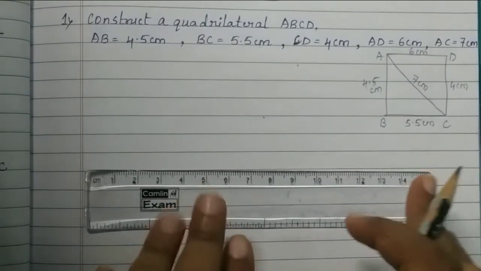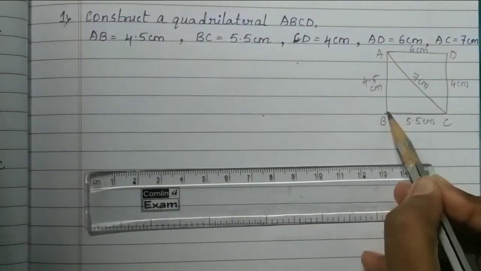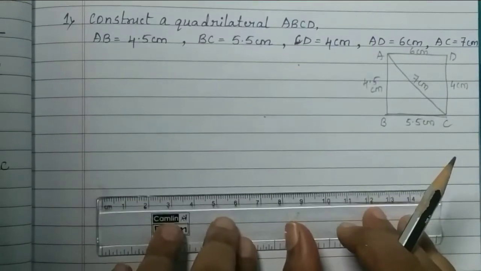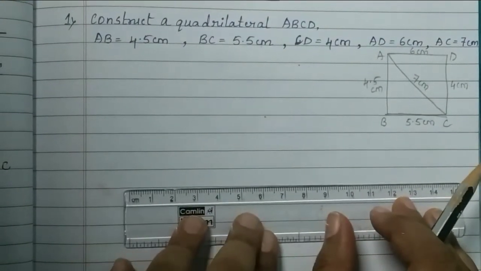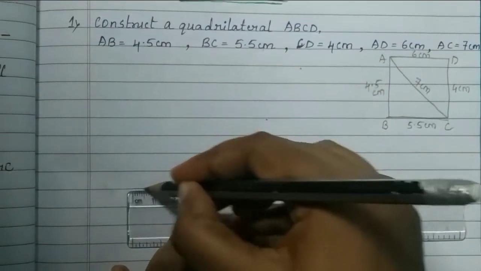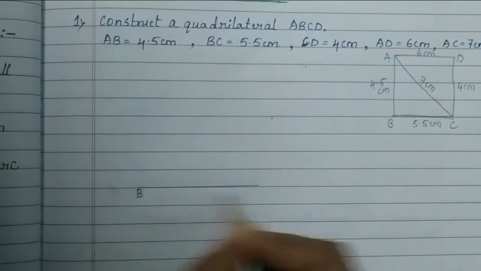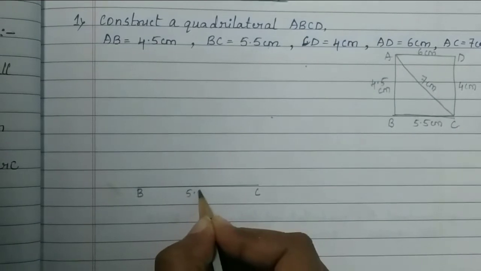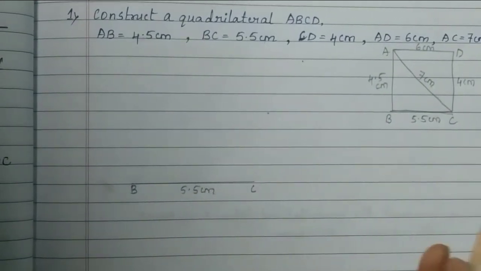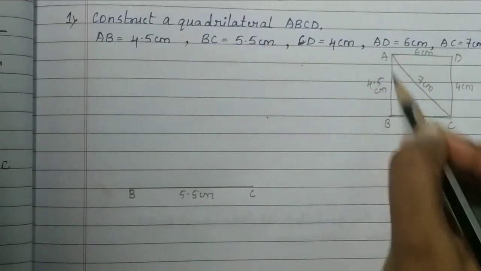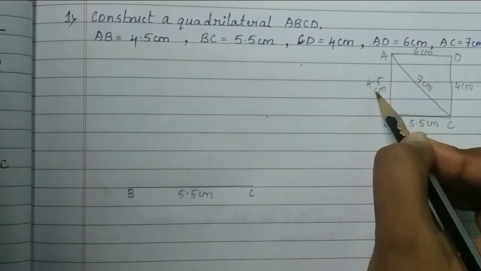The first thing we have to do here is draw this BC, which is our 5.5 centimeter. So this is BC, which is 5.5 centimeter. Then the next thing we have to draw is this AB, which is our 4.5 centimeter.